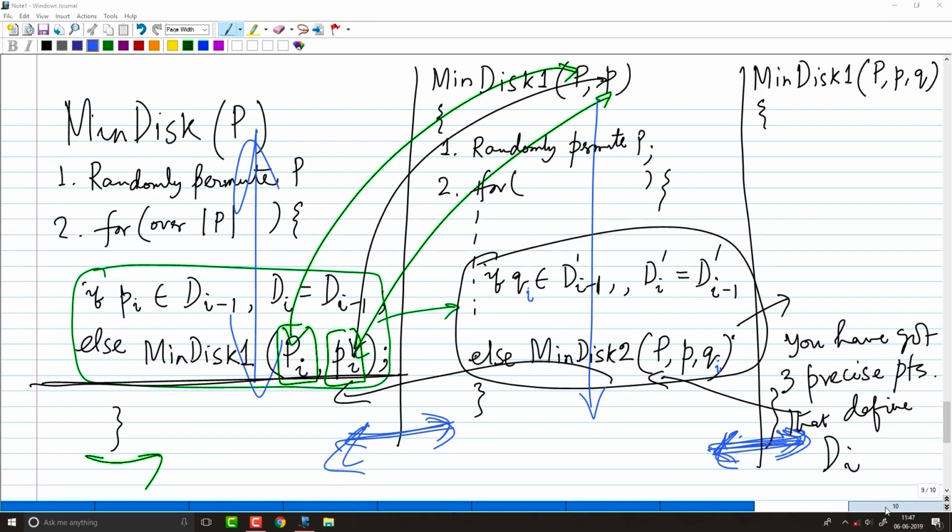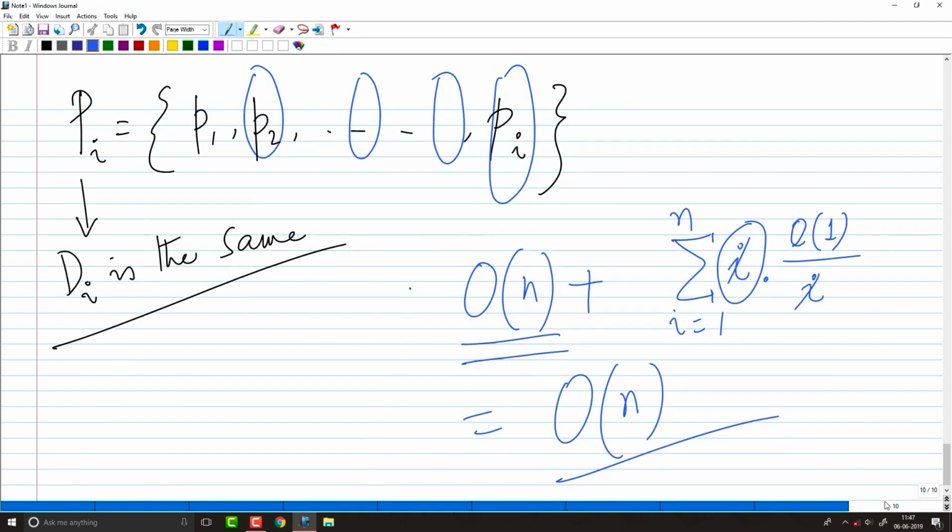But the argument is that this amount of work is not done always, it is only done for these cases, right. So, that amount of work you are not doing many times, that is the argument.